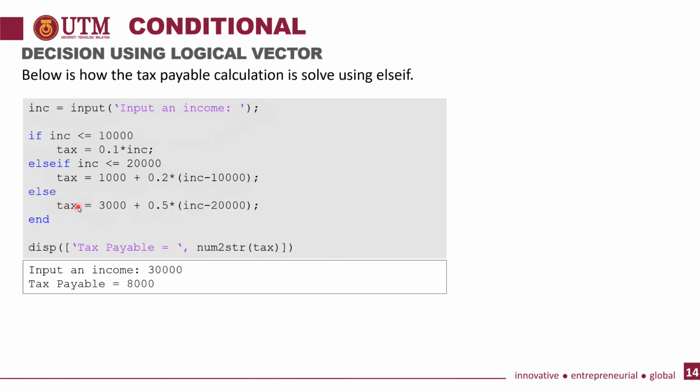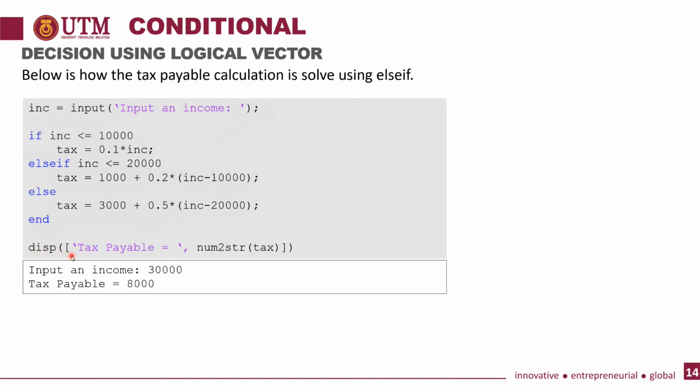And else, if your income is more than $20,000, you use 3,000 plus 0.5 multiplied by income minus $20,000. And you need to end your statement.